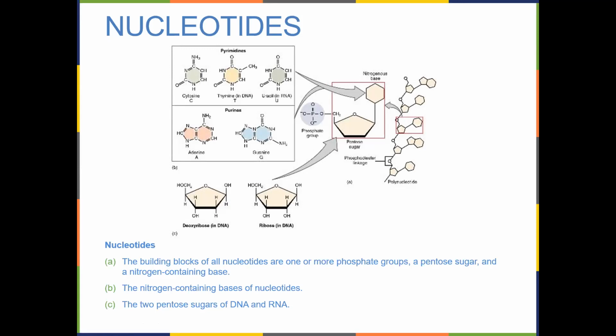Those are the 5 different bases. And these bases are complementary. So they will have complementary bonding occurring. I'll explain that here in a second. So these are the 5 bases: cytosine, thymine, uracil, adenine, and guanine.